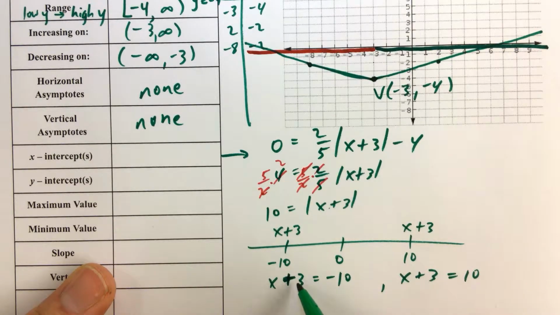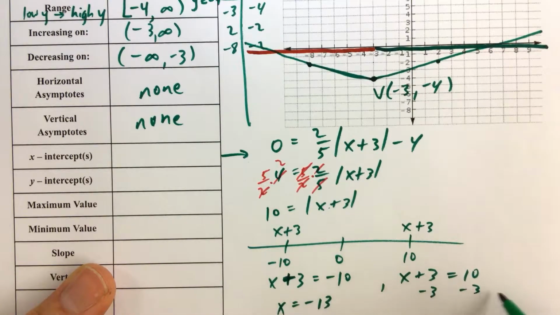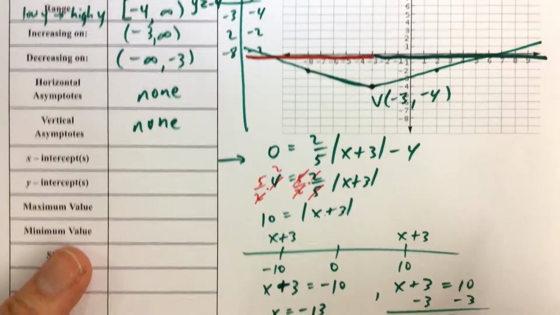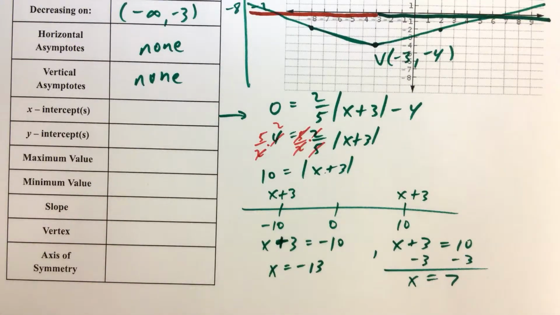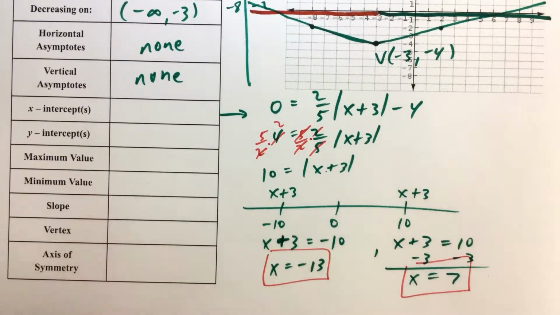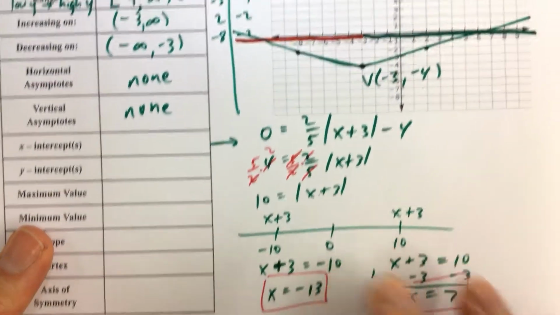If inside is negative 10 and we subtract 3 from both sides, x could be negative 13. And if we subtract 3 from both sides over here, x can be 7 as well. So if we look at the graph, we have two x-intercepts: negative 13 and 7.